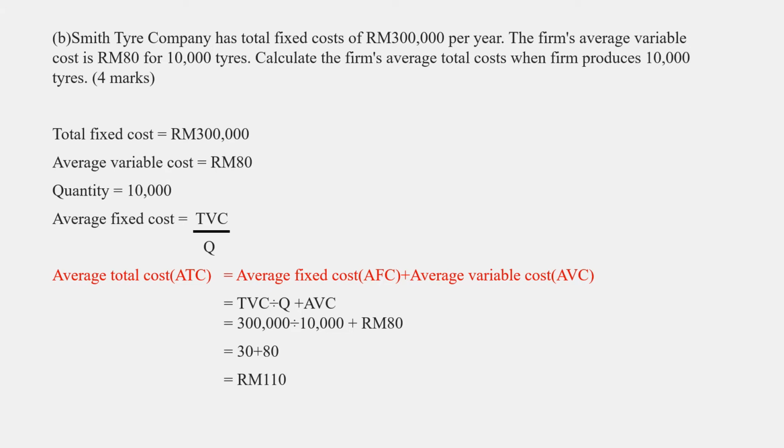The formula of average total cost is average fixed cost plus average variable cost, equals TFC divided by Q plus AVC, equals 300,000 divided by 10,000 plus 80, equals 30 plus 80 equals 110 ringgit.